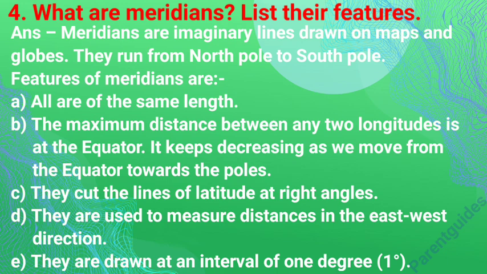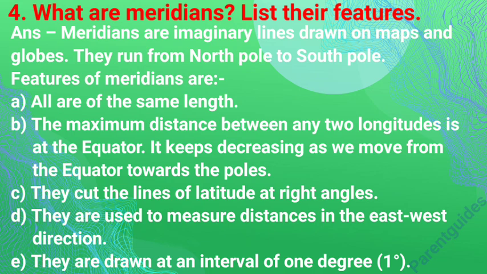4. What are meridians? List their features. Answer. Meridians are imaginary lines drawn on maps and globes. They run from North Pole to South Pole. Features of meridians are: A. All are of the same length. B. The maximum distance between any two longitudes is at the equator.